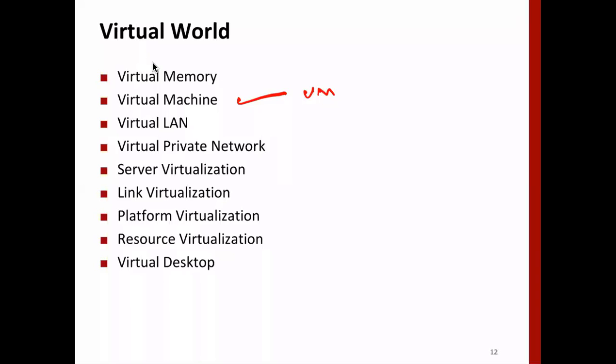However, if I want to do programming on, or use, say, a Linux OS, I don't need to partition the disk and create one VM for Linux. I don't want to load Linux into the hard disk. Instead, on top of this OS, I can run a program, which is a VM, a virtual machine, and in that I can load whatever OS I want.